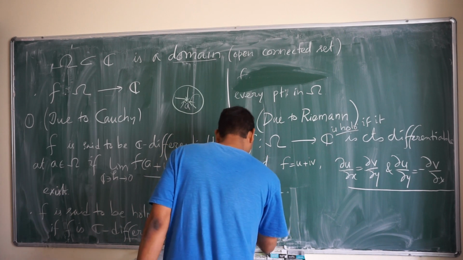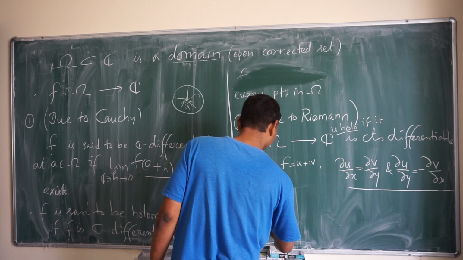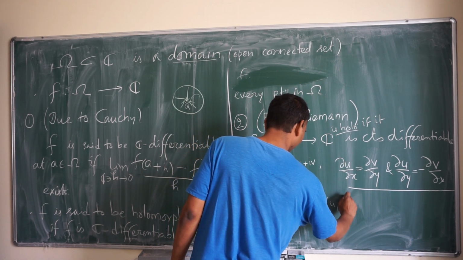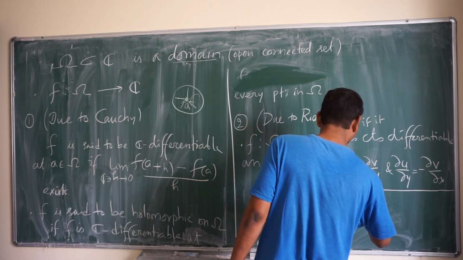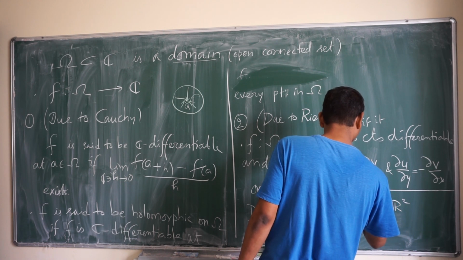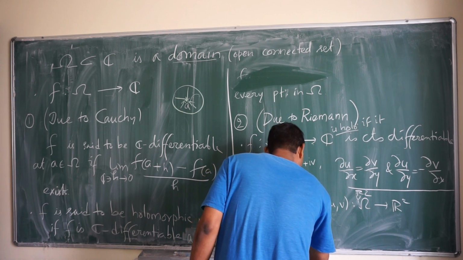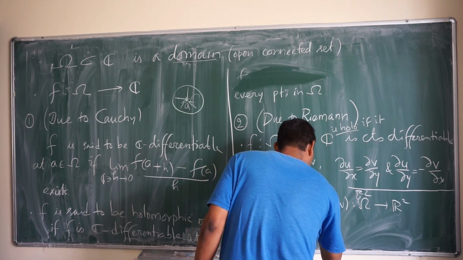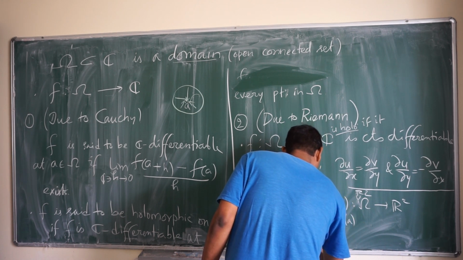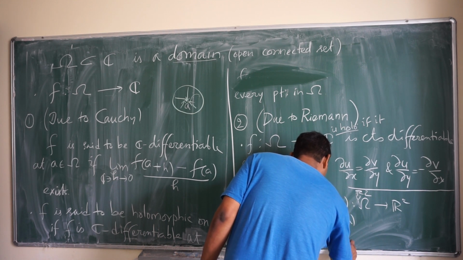So if you know the derivative at, let's say, any point a, and if you consider f to be (u, v) from omega to R2, so omega you can think of as a subset of R2, then df at a is this matrix: del u by del x at a, del u by del y at a, del v by del x at a, del v by del y at a.